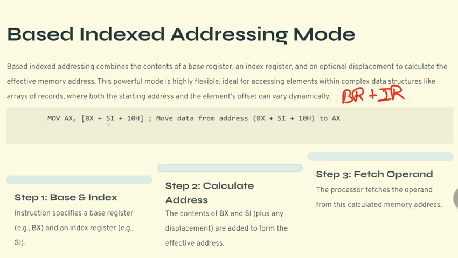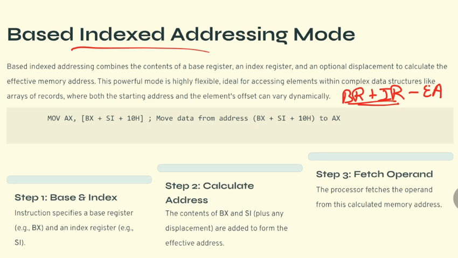By adding all of this up, we get the effective address, and from that effective address we can fetch the data. This is useful, for example, when we have a very complex data structure and we need to avoid collision. At that time we can use this based index addressing mode.